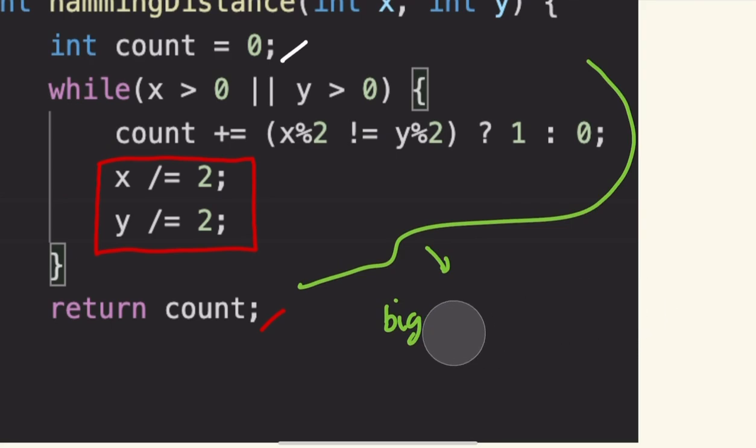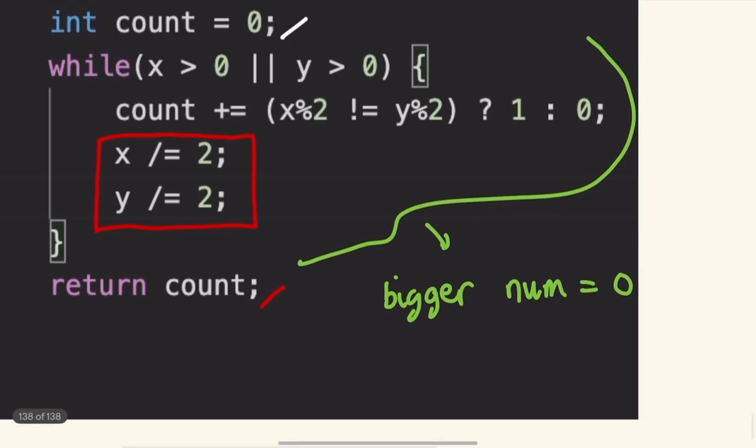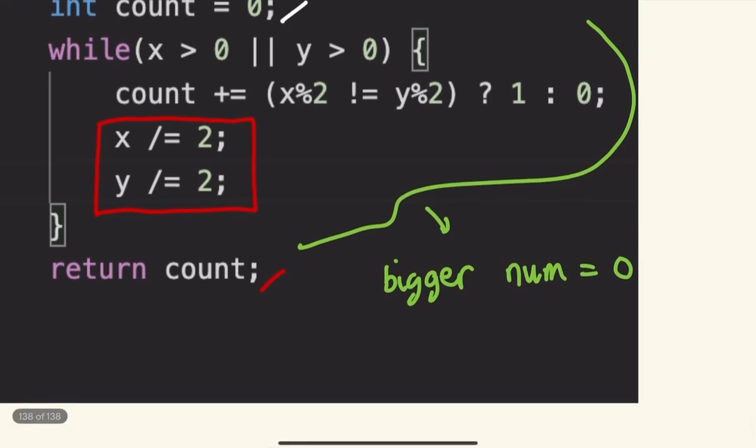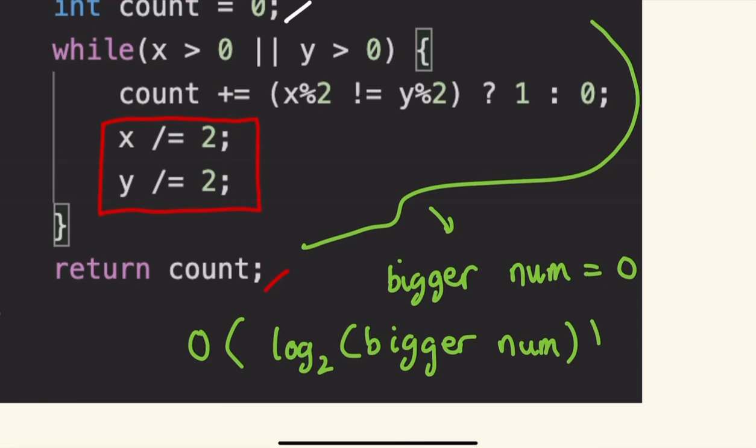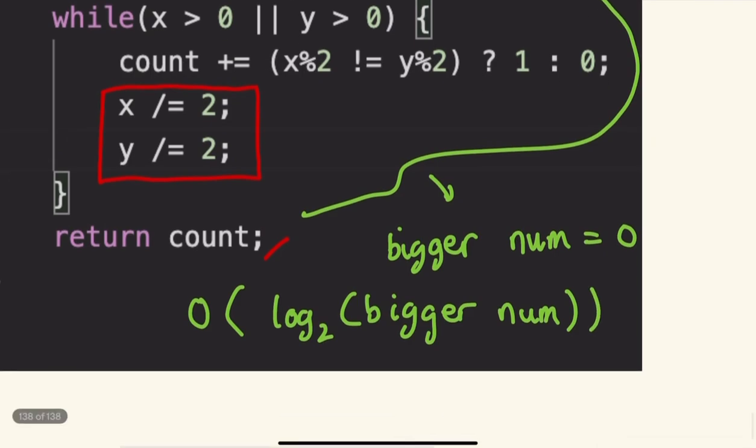So what we have to know is that the number of while loop iterations is going to be log 2 of the bigger number. So the time complexity would be O of log 2 of the bigger number, but we can just write log here. And in order to make it more clear, we can put a max here as well. So it will be max of x and y.